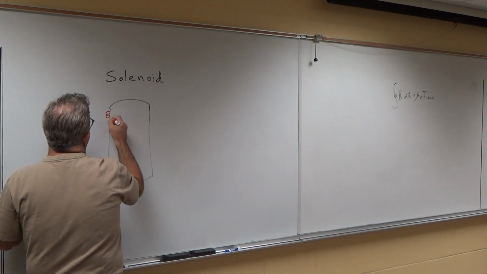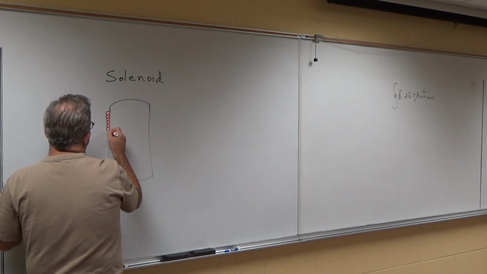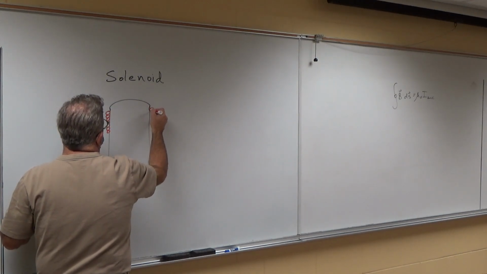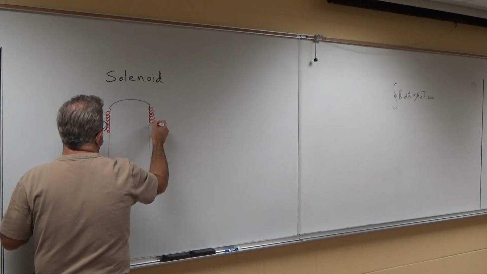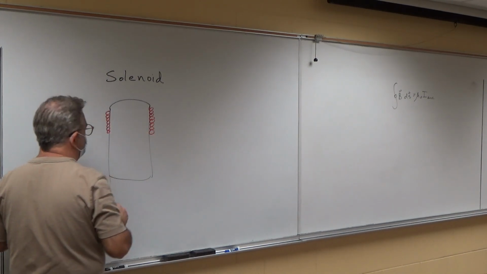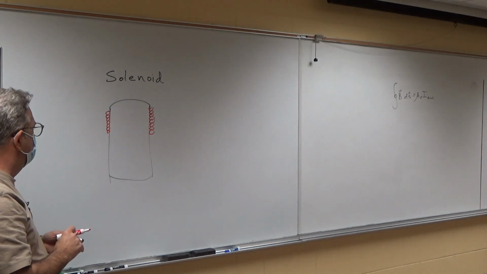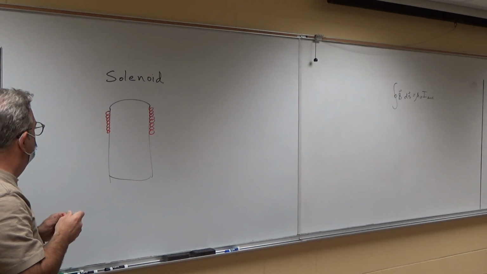And here they are. I'm making them really big, but okay. You can look this up. There are some very nice drawings people have done on the internet and so forth.